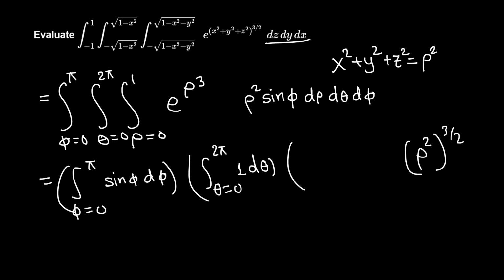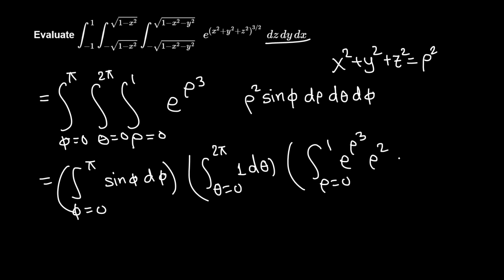That leaves rho from 0 to 1, where we have e raised to rho cubed times rho squared d rho. Okay, let's evaluate this.